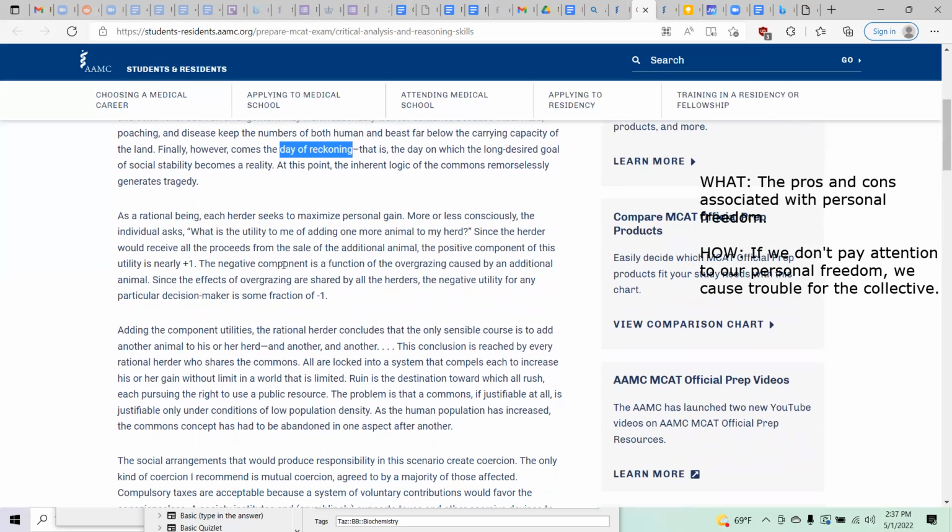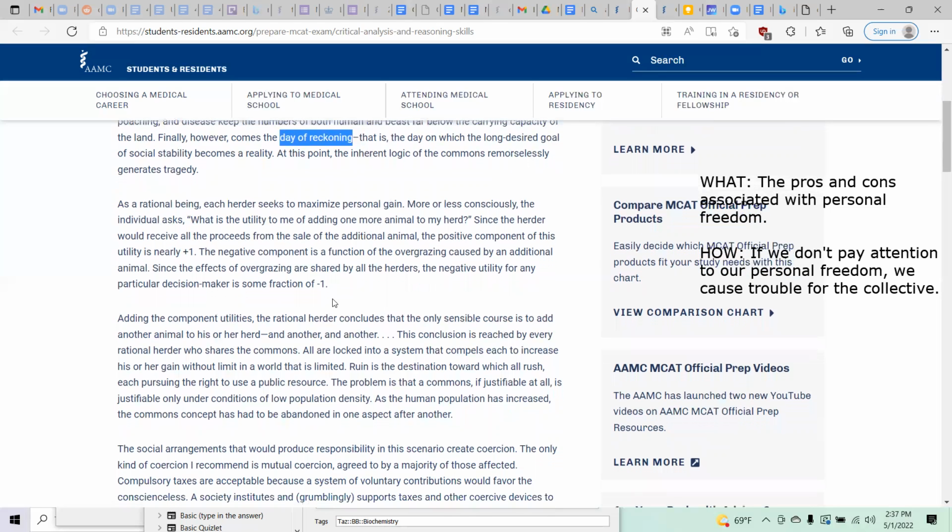The negative component is a function of the overgrazing caused by an additional animal. Since the effects of overgrazing are shared by all the herders, the negative utility for any particular decision maker is some fraction of -1. This is him, in a very weird quantitative way, saying like any person.